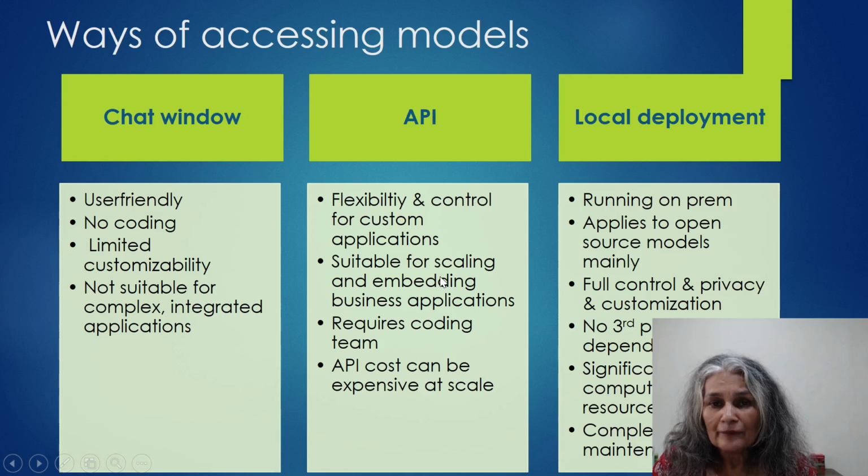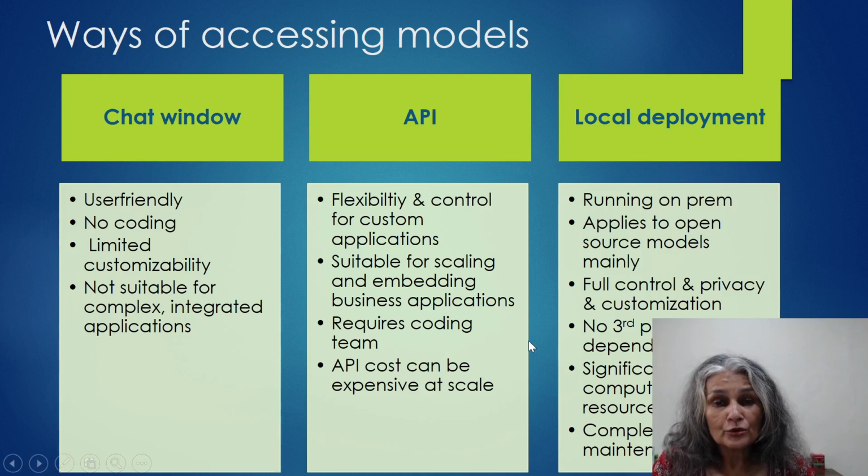The second approach is API, or application programming interface. This is the most popular methodology by which these models, large language models, are being utilized by corporate organizations, and this method offers a lot of flexibility and control for custom applications.